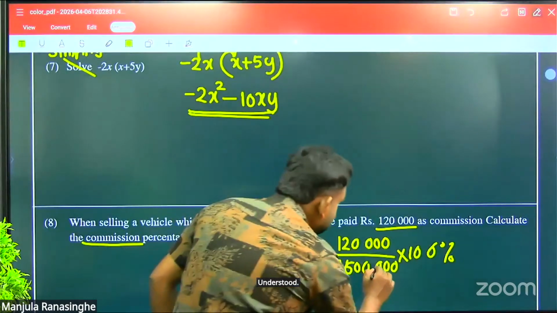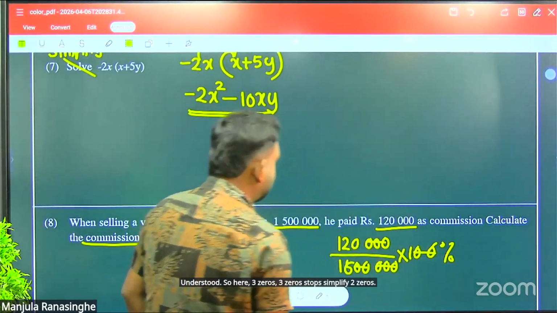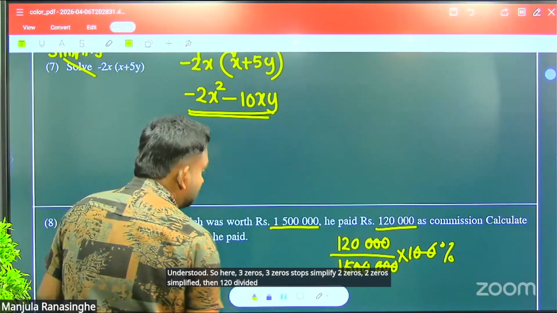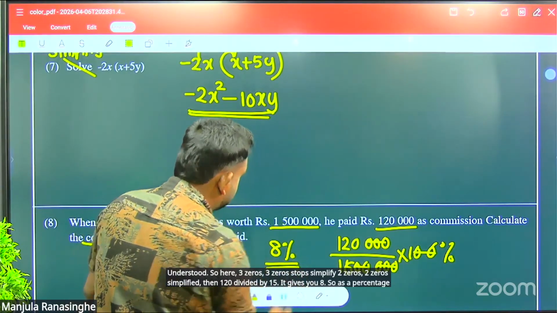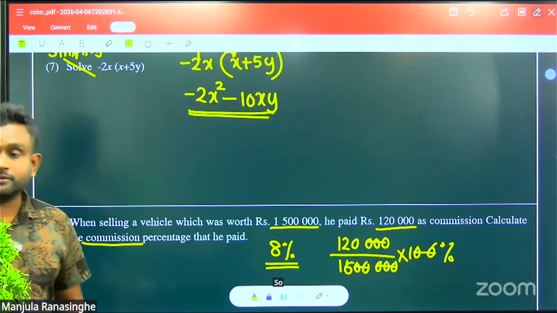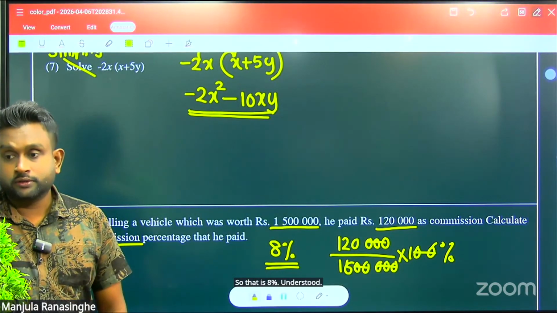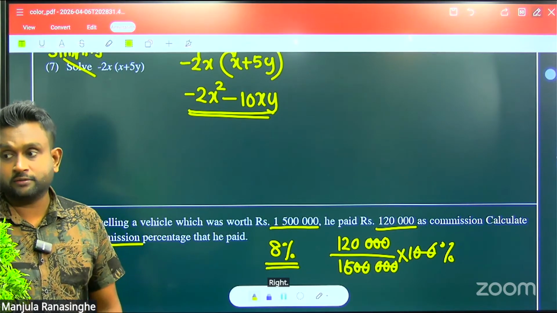So three zeros stop, simplify, two zeros simplified, then 120 divided by 15 gives you 8. So with the percentage sign, that is 8%.